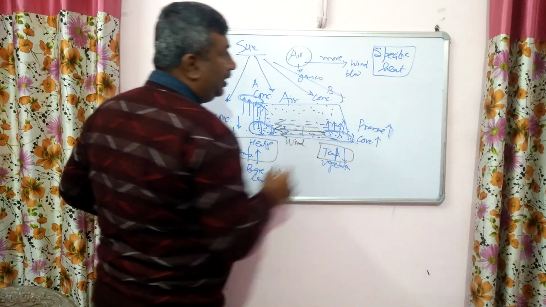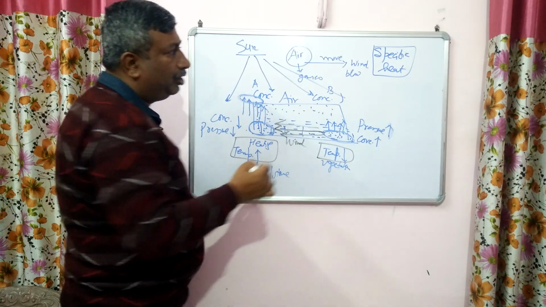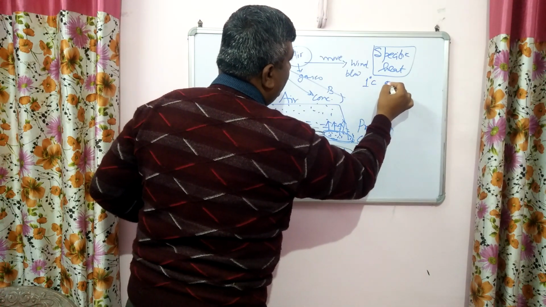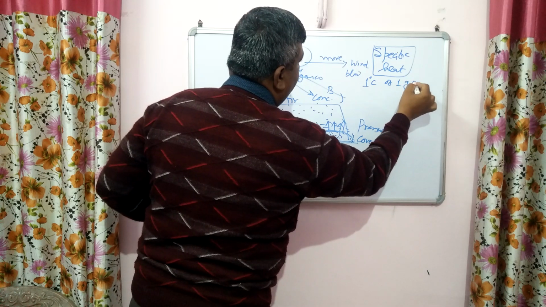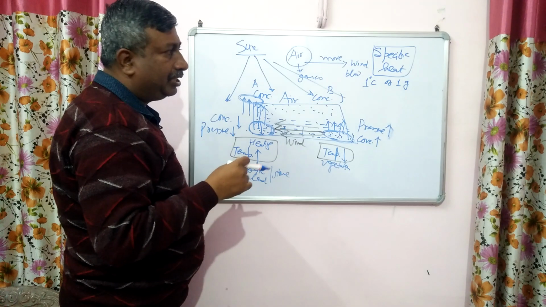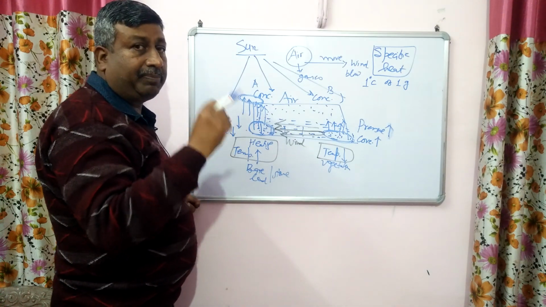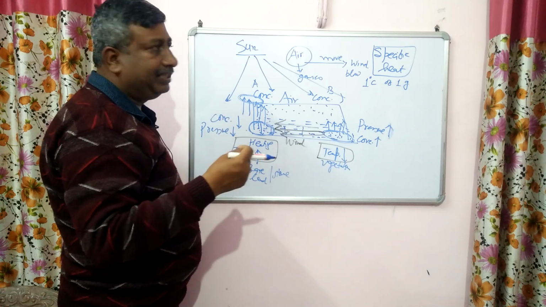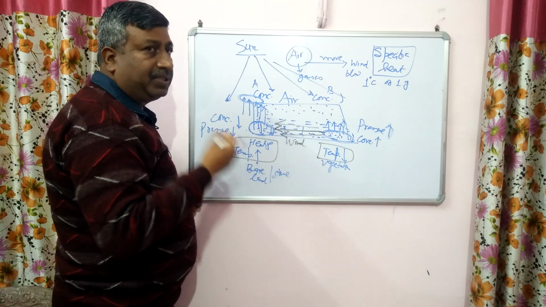So specific heat is the amount of heat which is required to raise 1 degree centigrade of 1 gram of substance. If there is 1 gram of substance and we want to increase the temperature by 1 degree centigrade, then how much heat, how many calories, are required, that is known as specific heat.